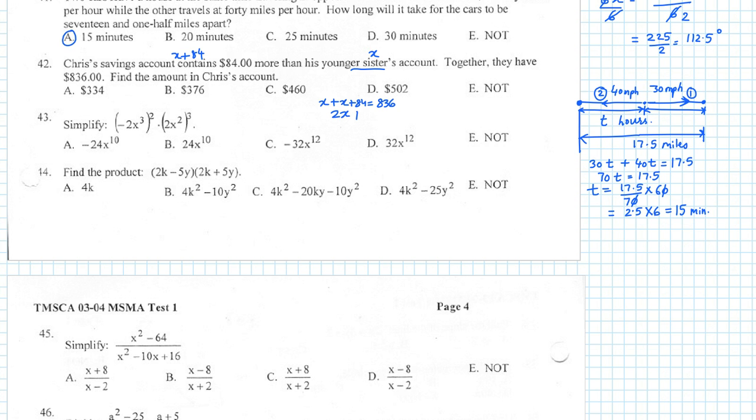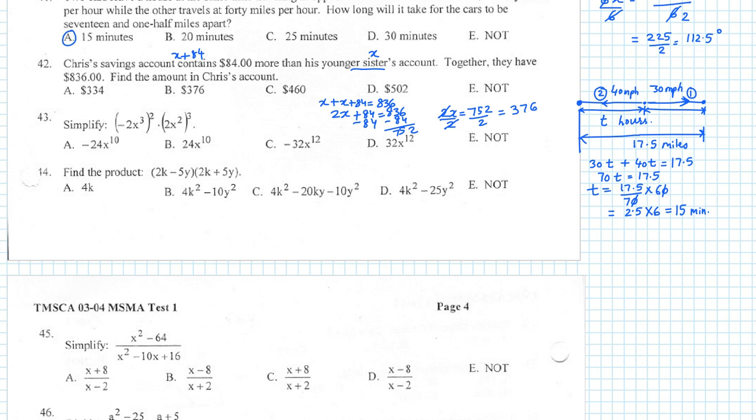So 2x plus 84 is equal to 836. So we can subtract 84 from both sides. So that will give us 2x is equal to 752. And we can divide both sides by 2 to find x. So x will be equal to 376.